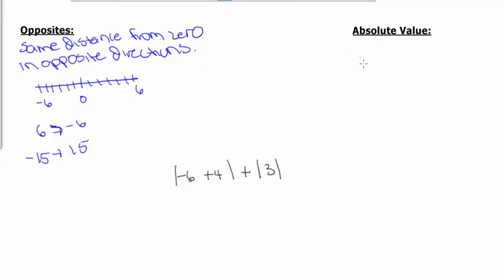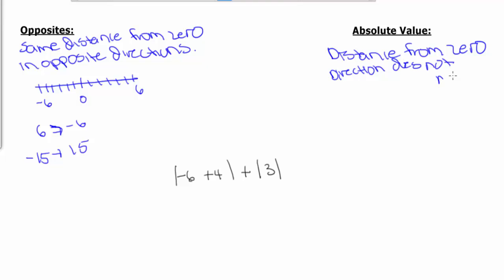Absolute value is a little different. It is the actual distance a number is from 0. Direction does not matter. Again, we'll take our 6 example. 1, 2, 3, 4, 5, 6. 1, 2, 3, 4, 5, 6.